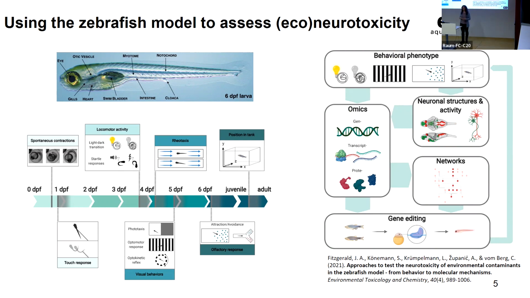And to verify such causal links, we can, for example, use CRISPR-Cas9 gene editing tools to modulate the expression of genes that we identified in this analysis here. And then we can try to link this back to the chemically elicited phenotype.